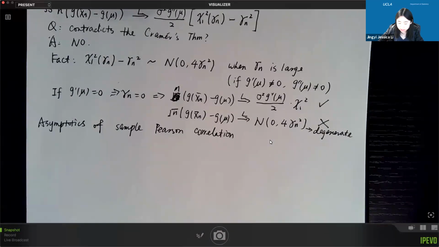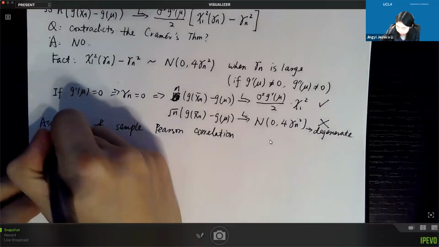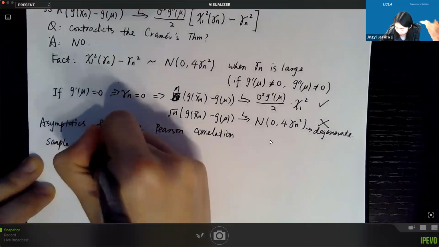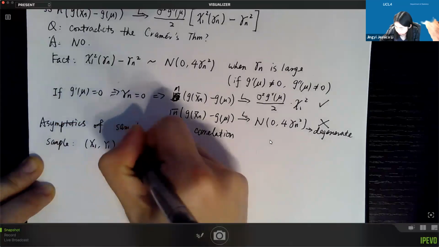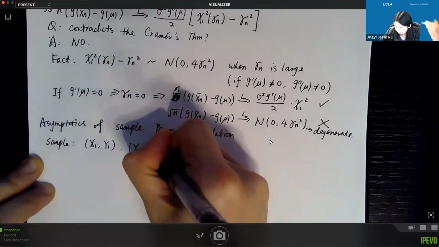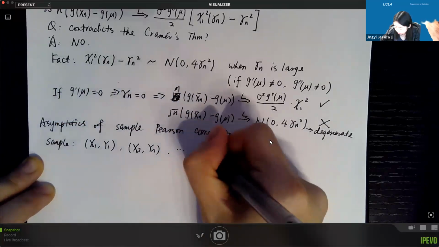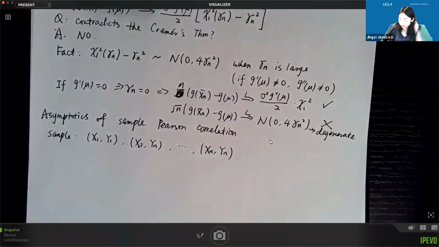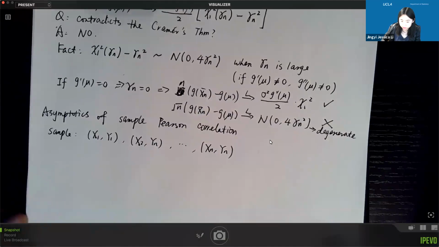Okay, so in this case, we have a sample of size n, right? And we denote our sample as x1, y1, x2, y2, up to xn, yn. So it's n pairs of random variables, one-dimensional.